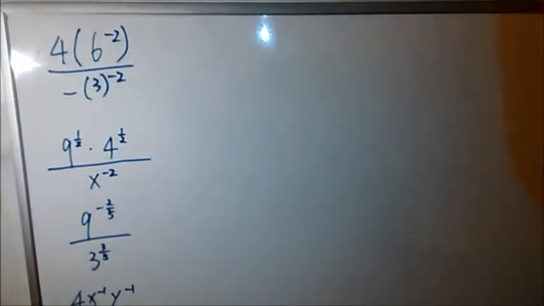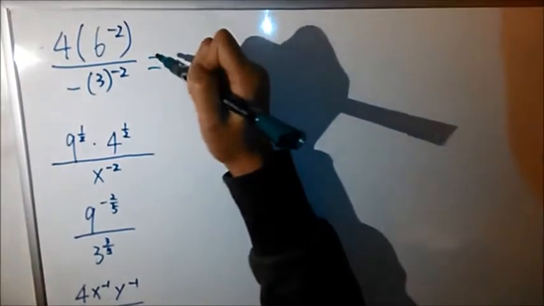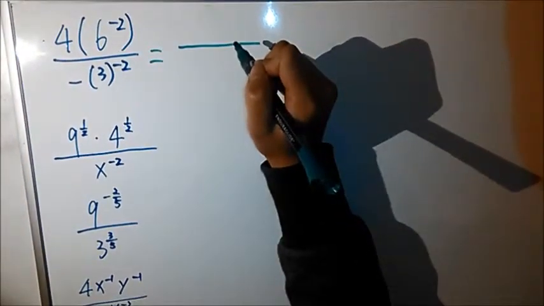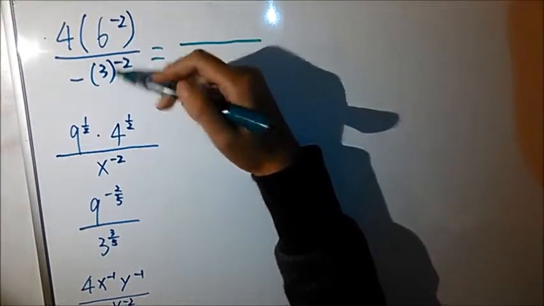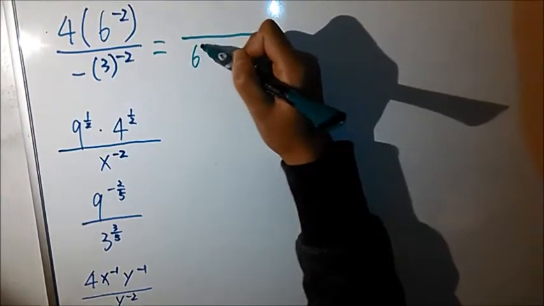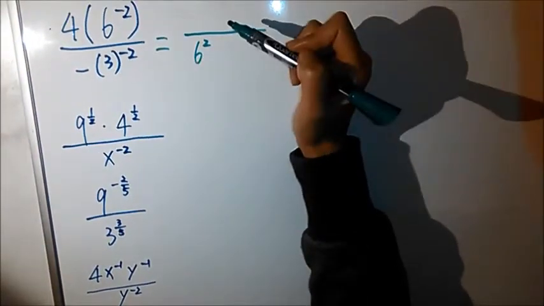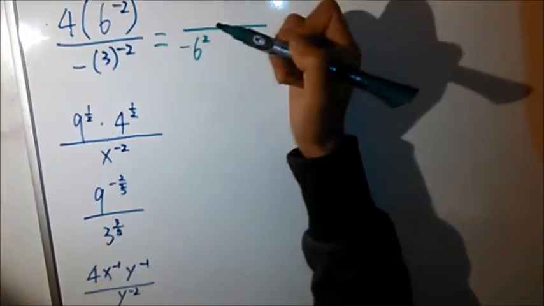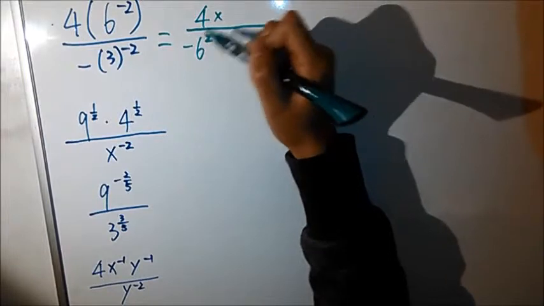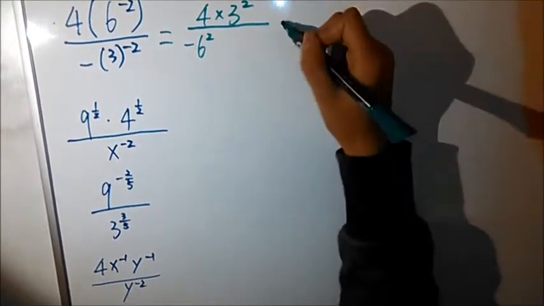Okay, 4 times 6 to the negative second power. Move it downstairs because it's a negative exponent. Okay, so negative 6 to the negative 2 goes downstairs, and the negative stays on the bottom, right? And 3 connected to the negative square will go up to the top.